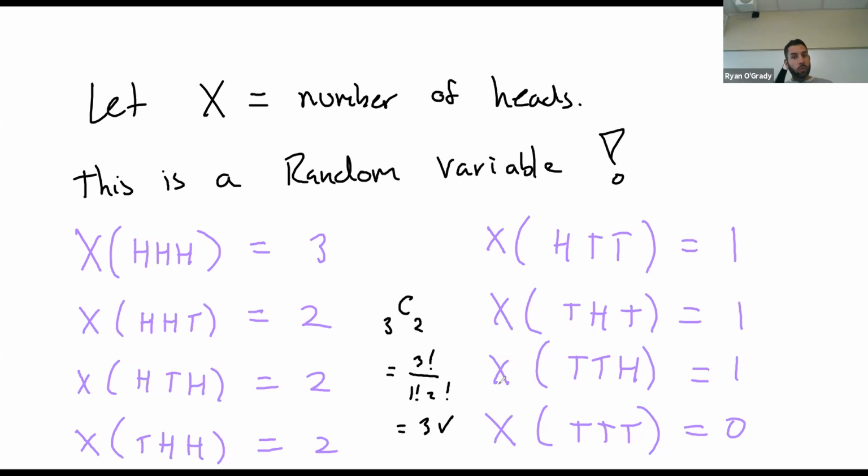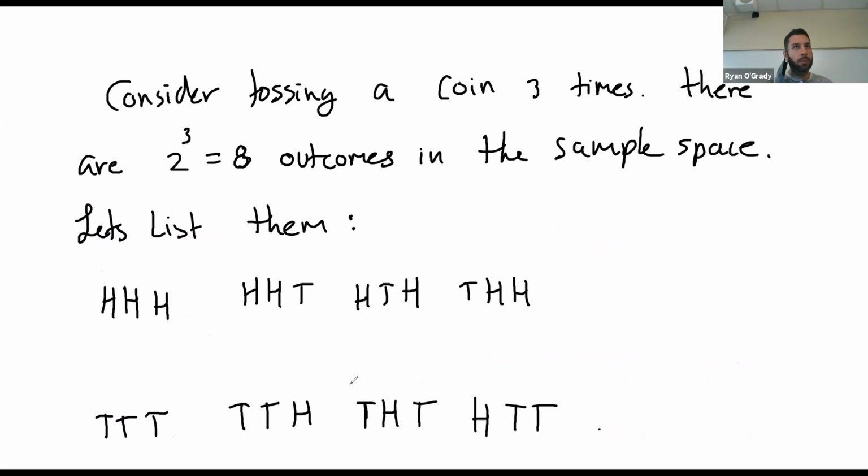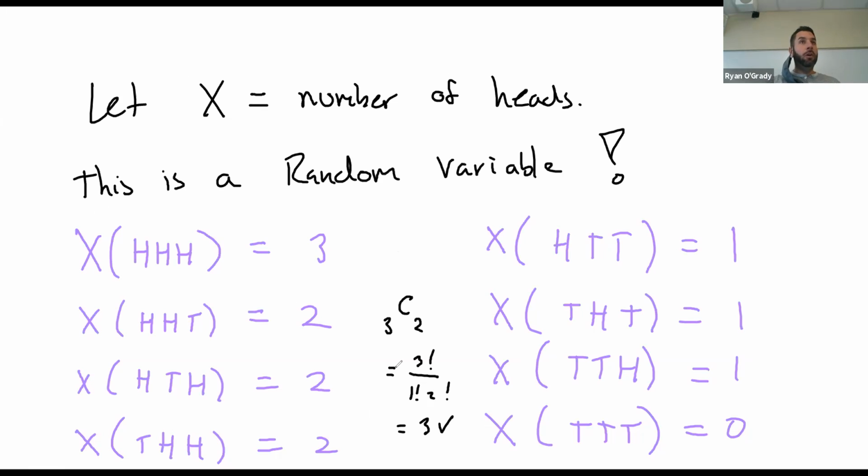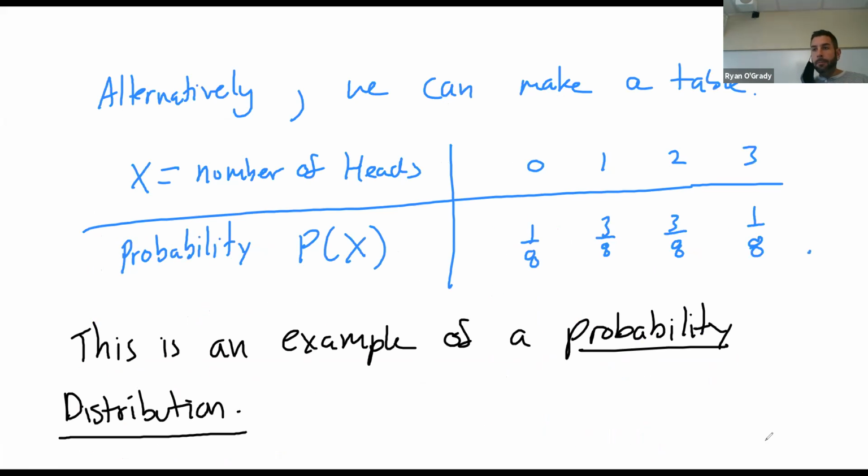I think the question was, how would I know what this is without writing it out? And when you say writing it out, I believe you're implying writing out the sample space. What I'm telling you is there is a pattern, and it turns out the combinations are going to be the shortcut. Okay.